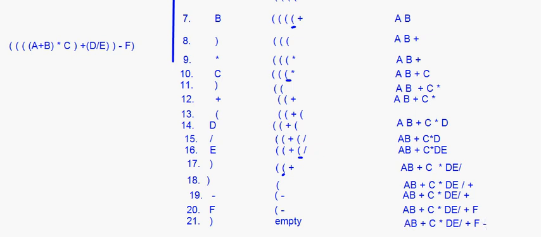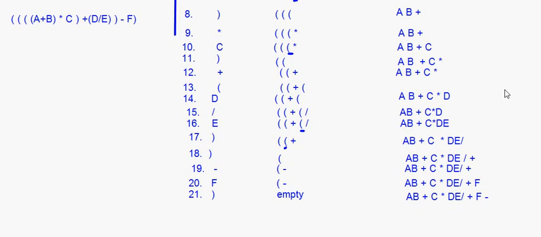So we have finished scanning all the symbols up to this place. So now the final answer is the postfix expression, right? The postfix expression now will be AB plus C into DE divided by plus F and minus. This is the answer.